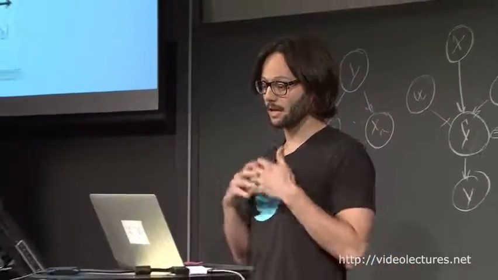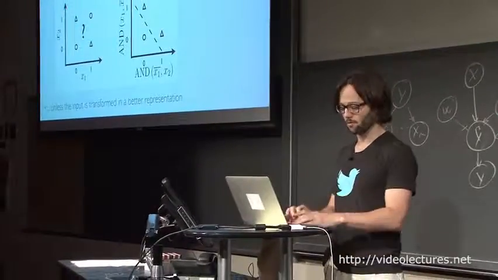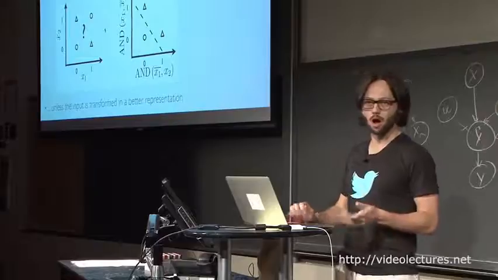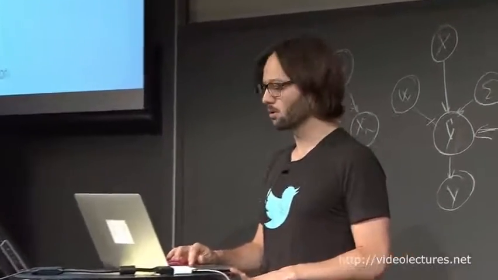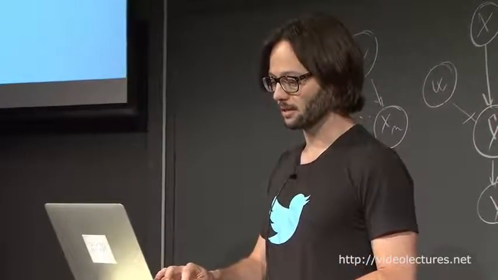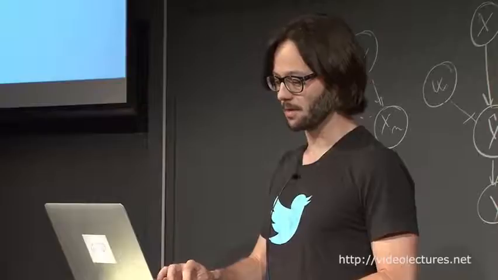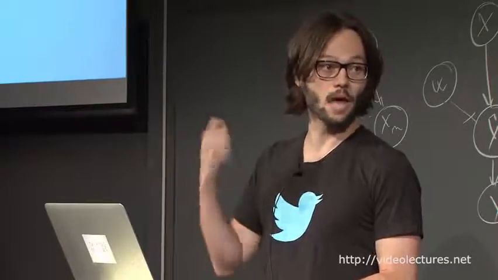However, if I take a slightly more complicated, but really not that complicated, function, the XOR function, it outputs true if either one is true and the other false, or vice versa. So in this case, 0, 1 would be a positive example, and 1, 0 would be the other with an output of 1.